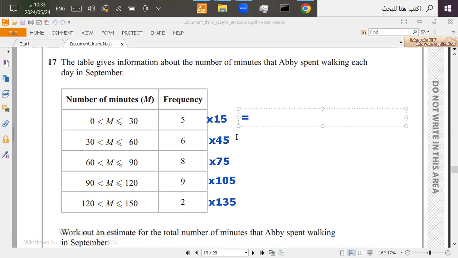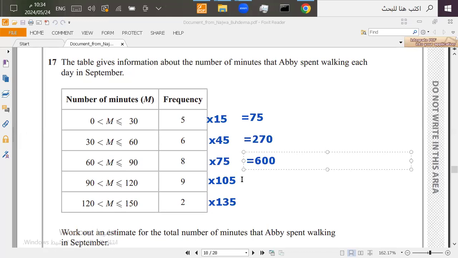Now I'm going to multiply these. 5 times 15 is going to be 75. And then 6 times 45, that is 270. And then here we have 8 times 75, which is 600.